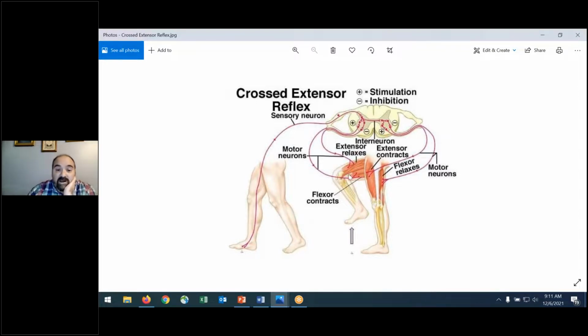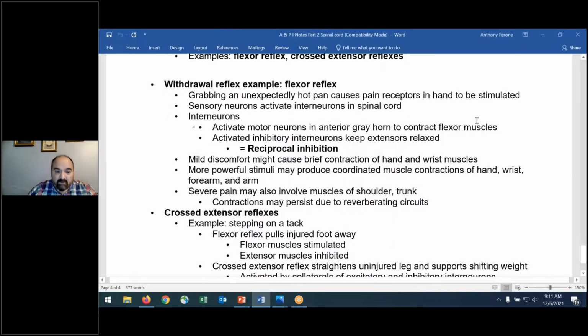On the same lower extremity, the antagonistic muscles of whatever is flexing will be inhibited. It would be the opposite for the contralateral, the other lower extremity. I'll review and go over this in class, okay?